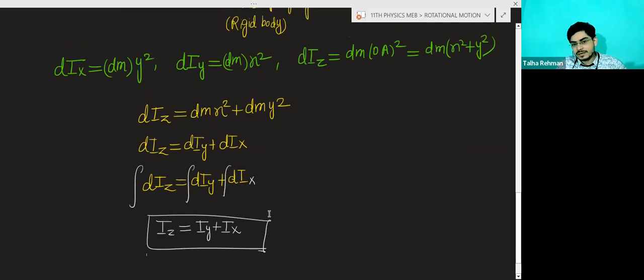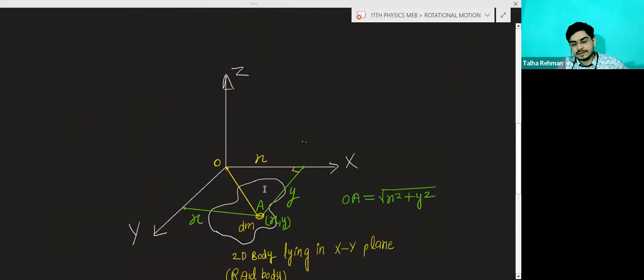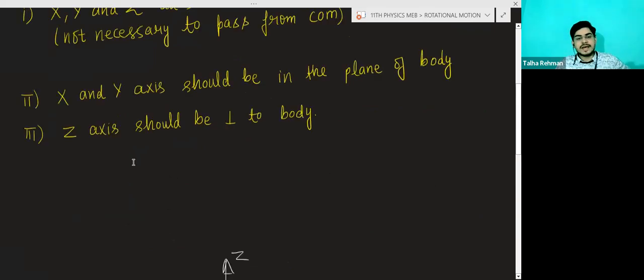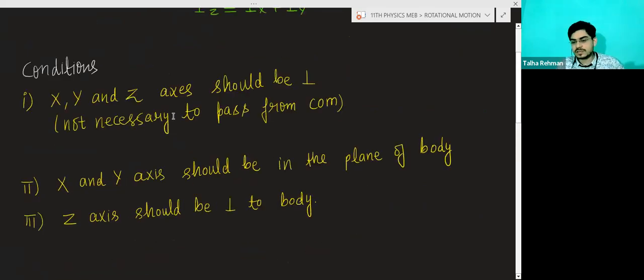But this is valid when the body is two-dimensional and lying in one plane, with the axis perpendicular. These are the conditions. X, Y, and Z axes should be perpendicular, not necessarily passing through the center of mass.